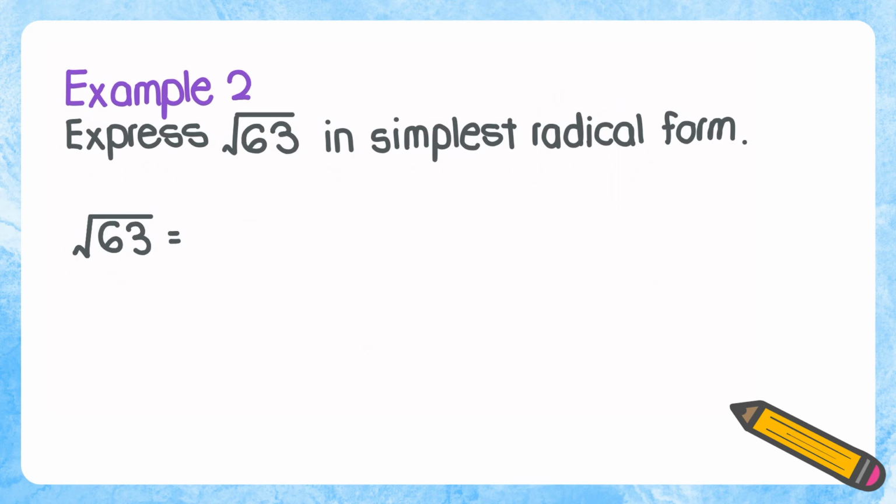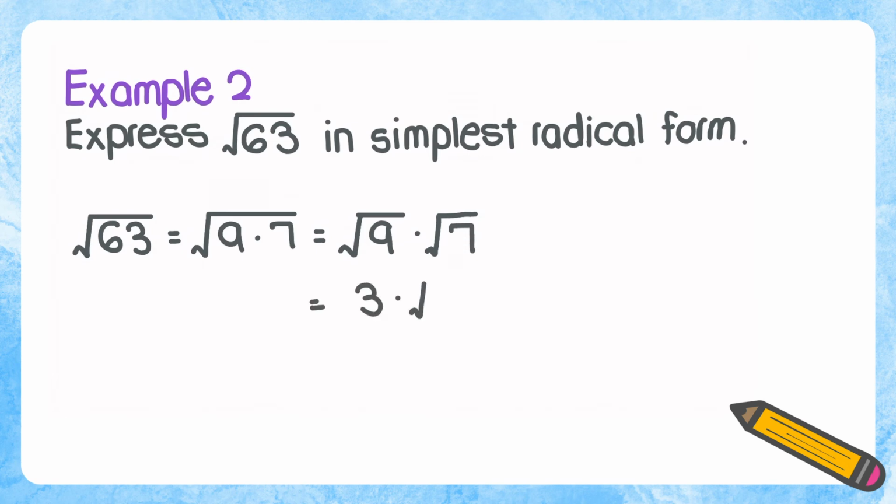And 9 is a perfect square. So that's going to work out. So I can write this out as the square root of 9 times 7. I can split this apart into the square root of 9 times the square root of 7. Square root of 9 is a perfect square. It's 3 times the square root of 7. So I've simplified this into 3 times the square root of 7.